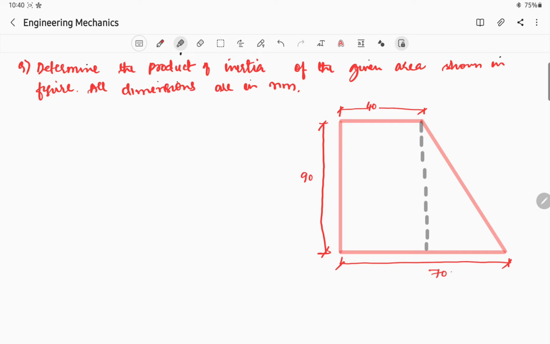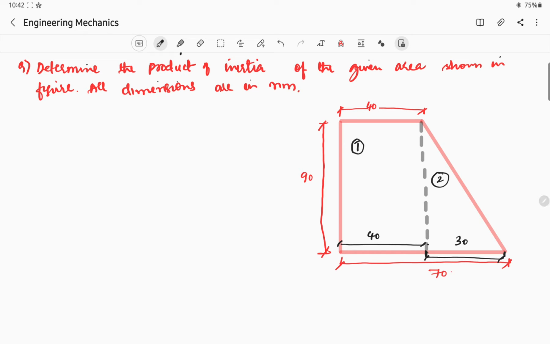I'll consider this part as 1 and this part as 2. This distance is 40, and the remaining distance is 70 minus 40, which is 30.